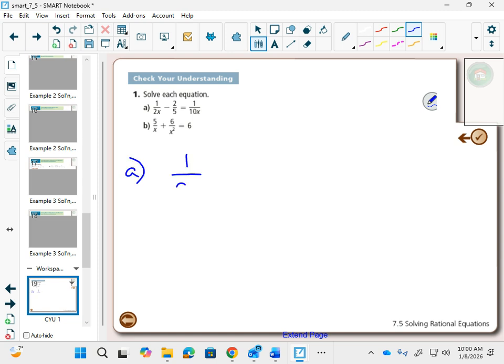So I'm going to rewrite everything. I'm going to leave space in front of those two and space after this last one.